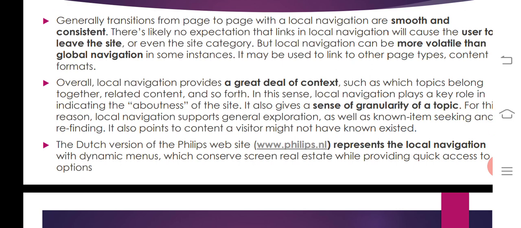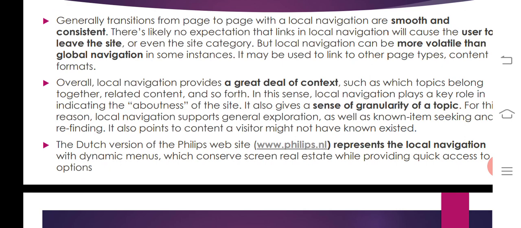Here, general transitions from page to page with local navigation should be smooth and consistent, so you can use it in a simple and consistent way, otherwise the user will leave the site. Even within a site category, local navigation can be more volatile than global navigation.